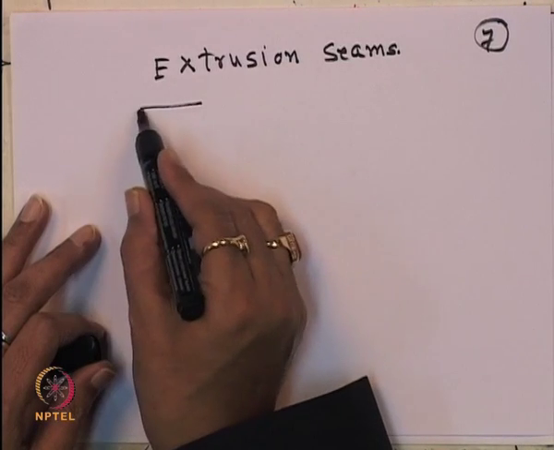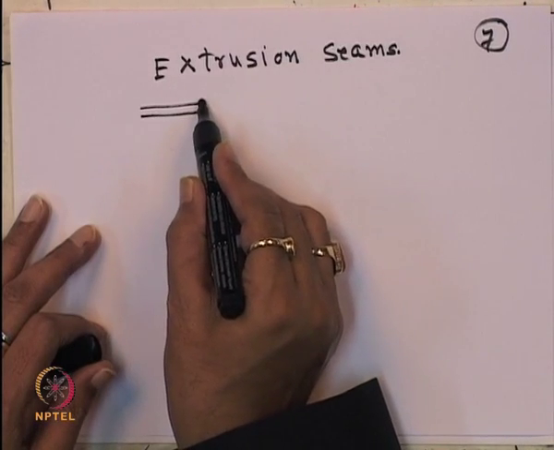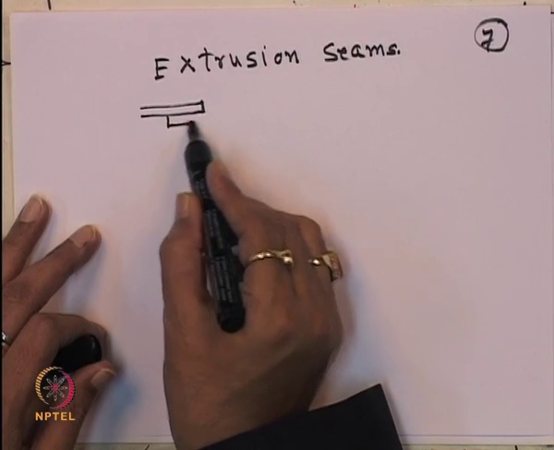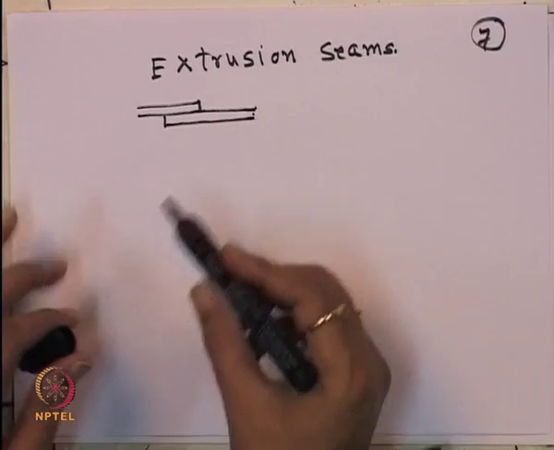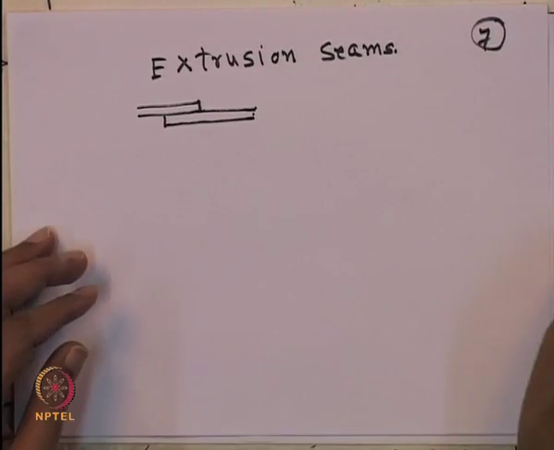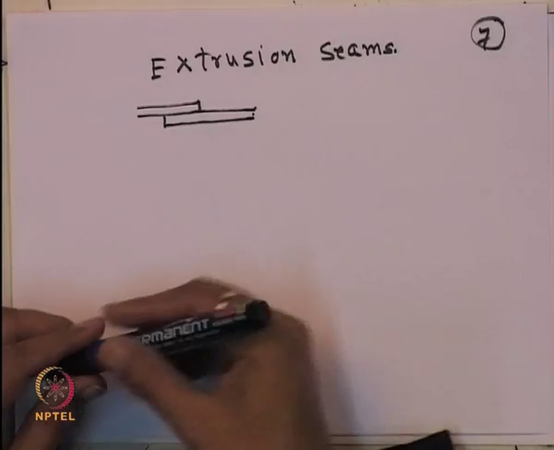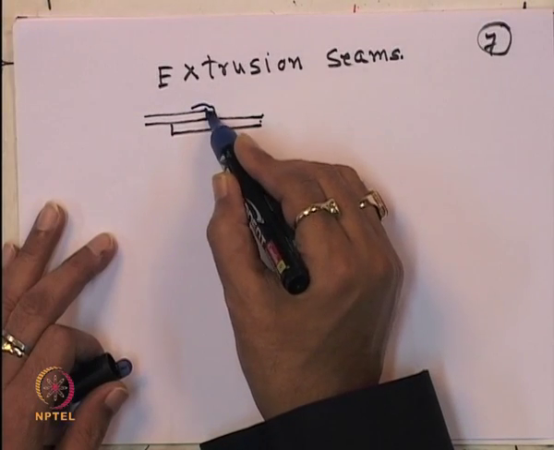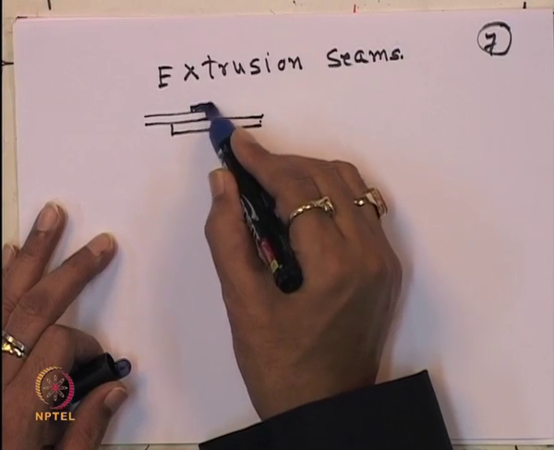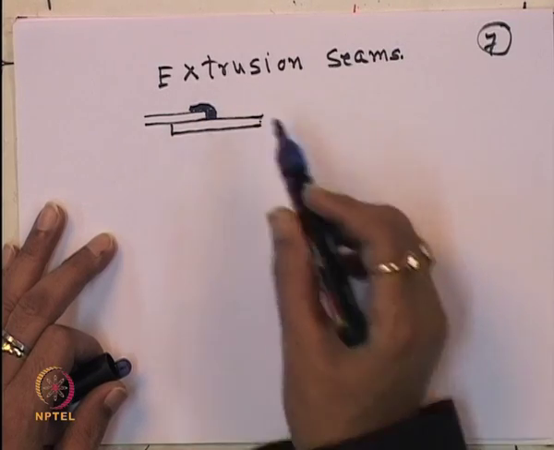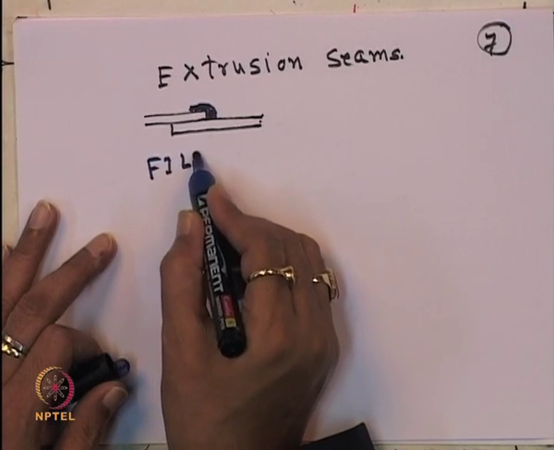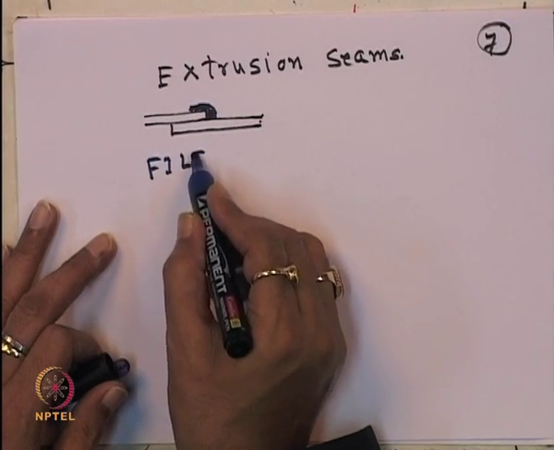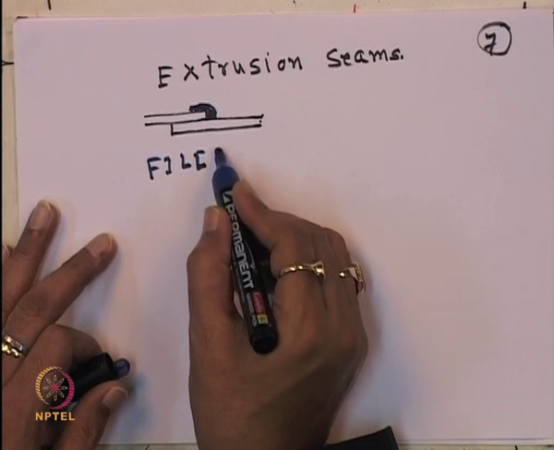So if this is the geomembrane and this is the geomembrane, okay, and then you are seaming this part here, okay. So this is called fillet.